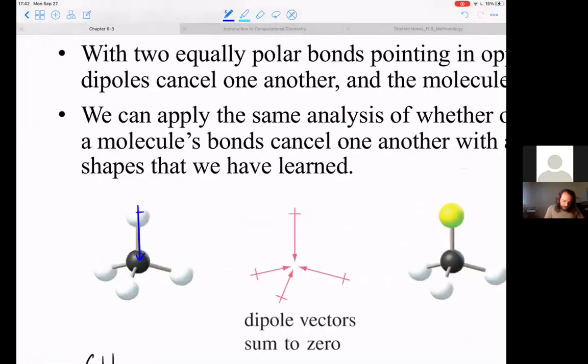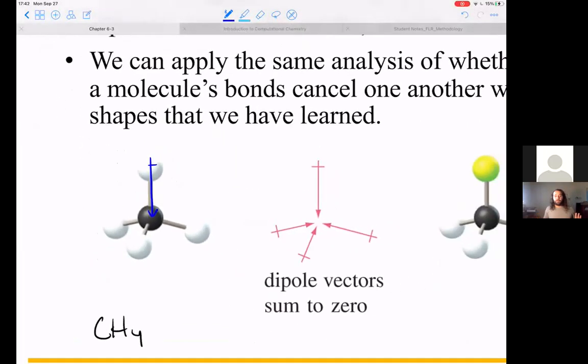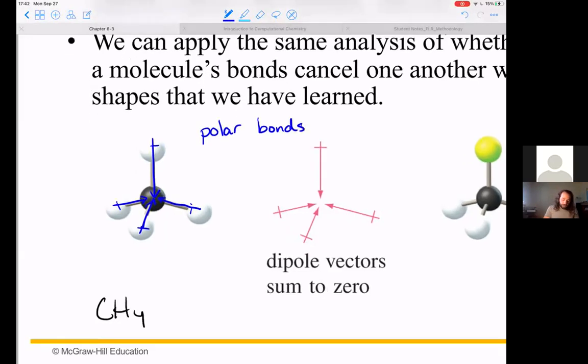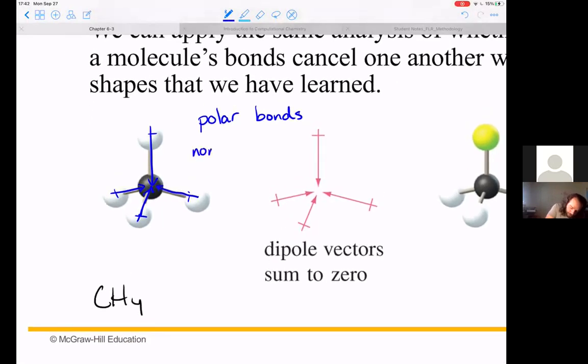But because of the symmetry of this molecule, because there are four groups and they're all identical, all of these dipoles, all of these little arrows showing the polarity, will actually cancel out. Since carbon is bound to four identical groups, it doesn't matter that those bonds are polar. So this molecule has polar bonds, but because of its symmetry, because all four of those things are the same, it is a non-polar molecule.